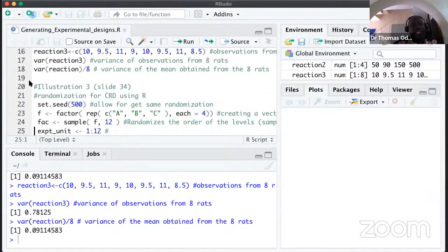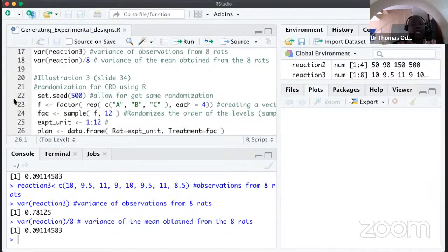So the next thing we are going to do is look at randomization in a completely randomized design. We're going to use R to get for us a field or experimental layout for a completely randomized design. The first thing we can see here is set.seed. Set.seed allows us to get the same randomization if we repeat the process again.